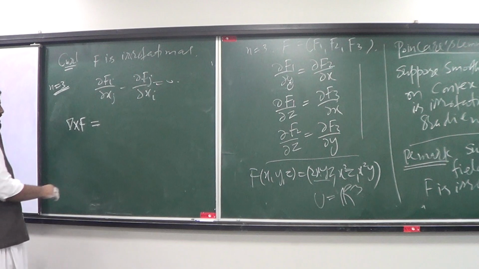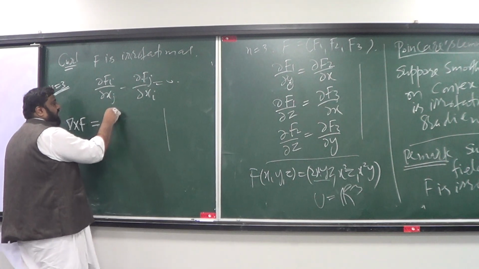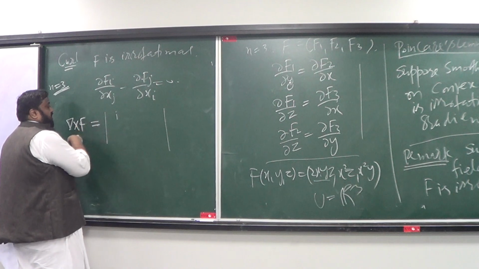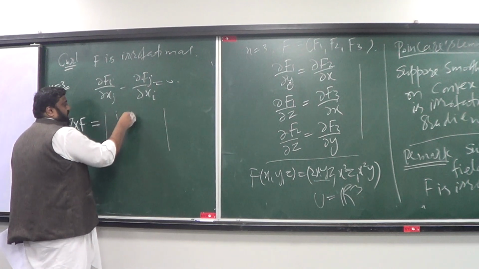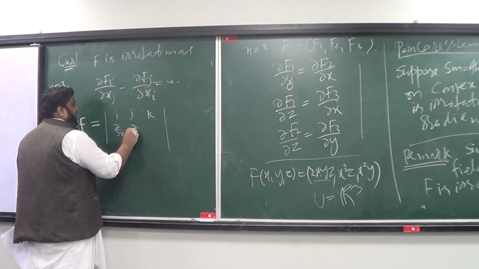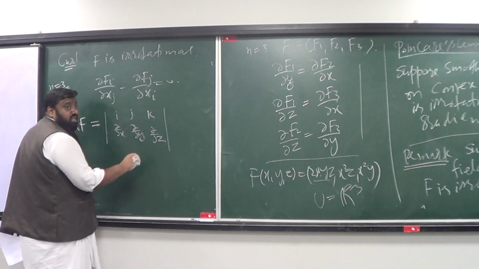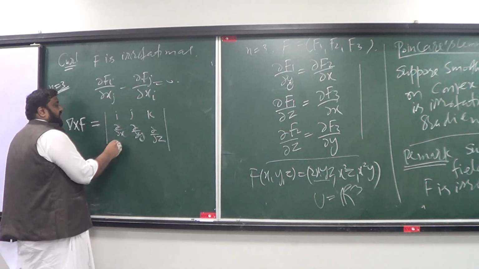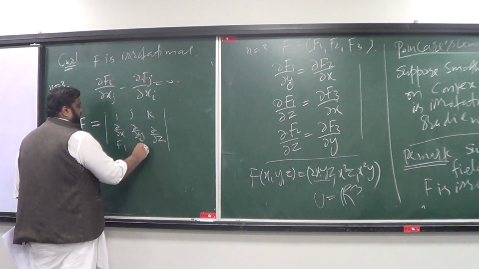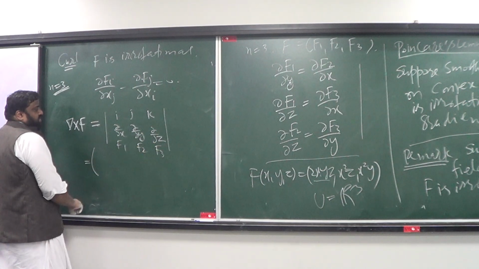So what would the curl be? I can compute it by taking the cross product of del and f. If I have i, j, k, partial by partial x, partial by partial y, partial by partial z, and I have f1, f2, and f3, so this is going to be what?